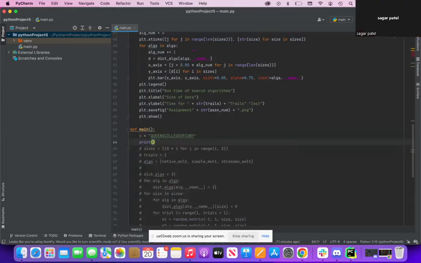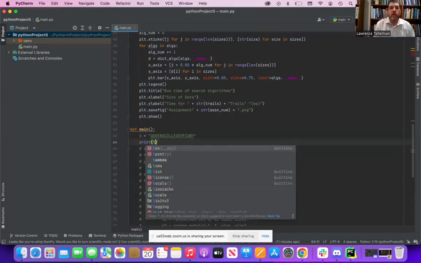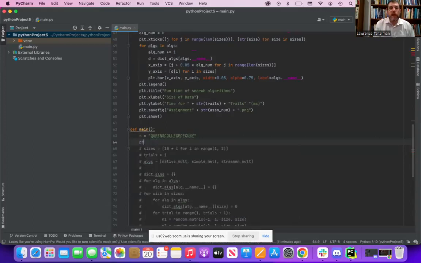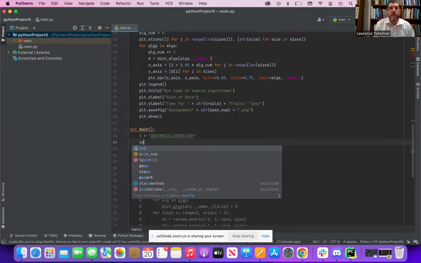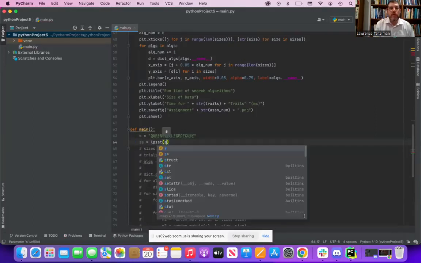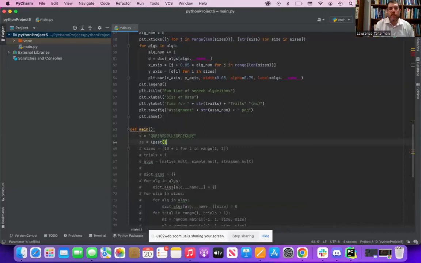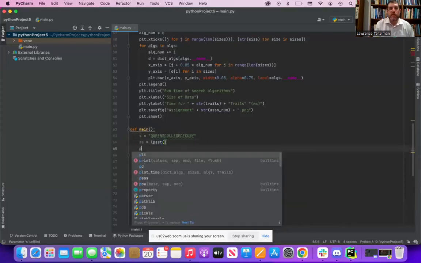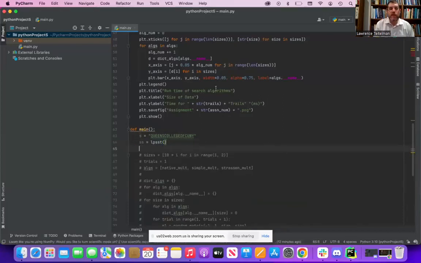Okay, better yet, create a variable. Okay, so we'll call it SS equals. Call your function. Okay, and then you print SS and len of SS. No, you need to pass the S in.